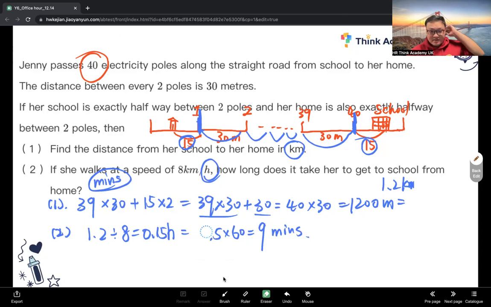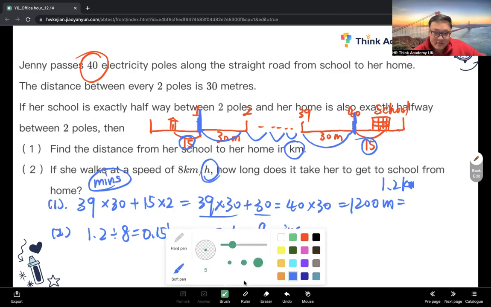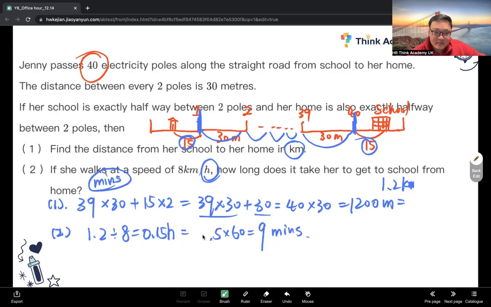I don't think it's really fast. It's just fine. Okay, so I think we can move on to the next one. 0.15 times 60 minutes equals 9 minutes.